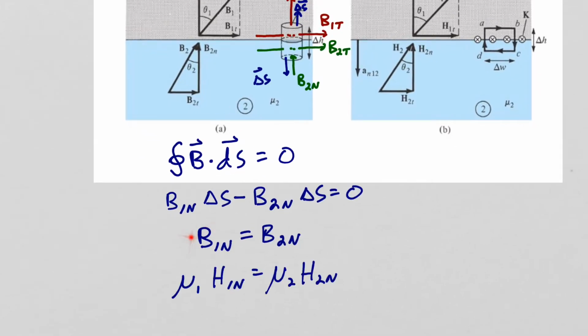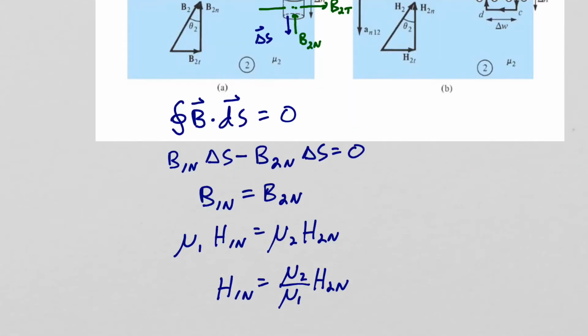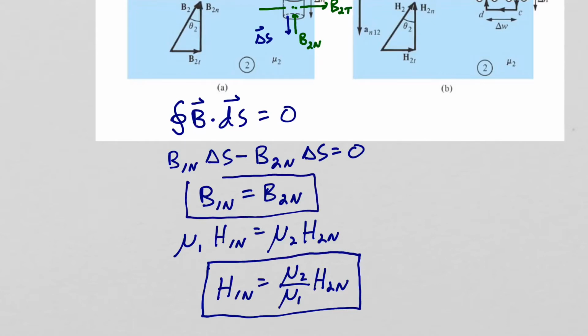For the magnetic flux density fields, let's substitute the absolute permeability times the magnetic field intensity. So we see that the normal components of the magnetic field intensities will be discontinuous at the boundary.